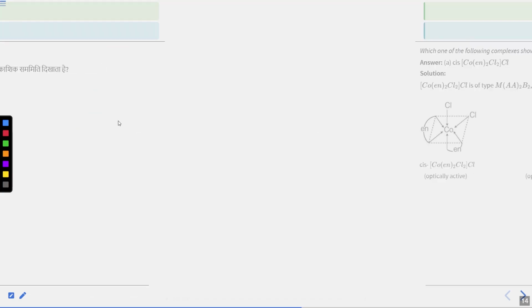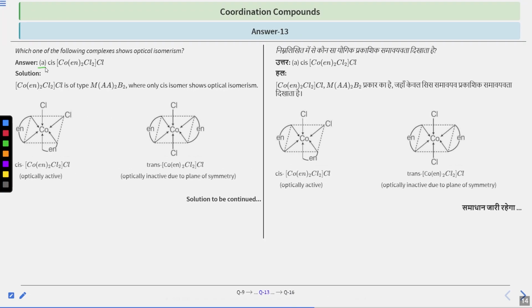Okay, let's see. The correct answer is option A, that is cis [Co(en)2Cl2]Cl. This complex is of type M(AA)2B2, because en is a bidentate ligand, so it will attach to the central metal atom cobalt with 2 bonds.